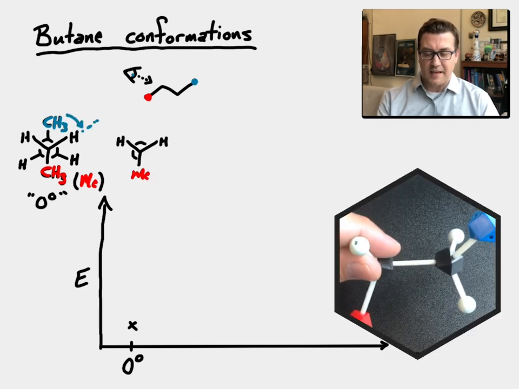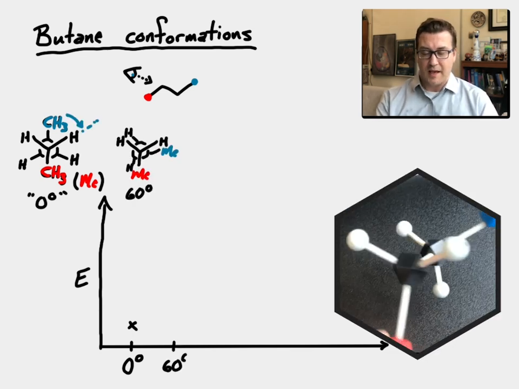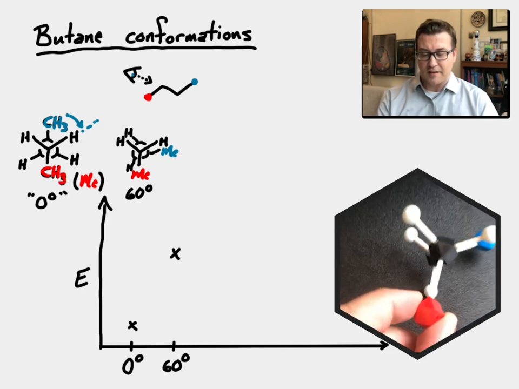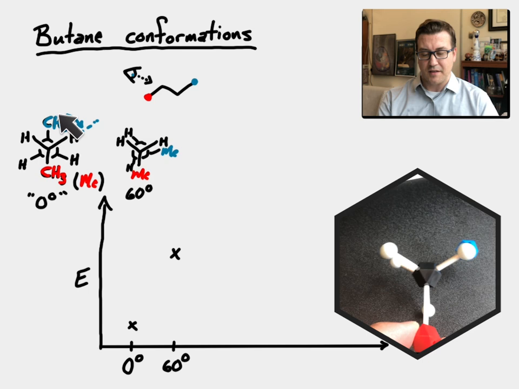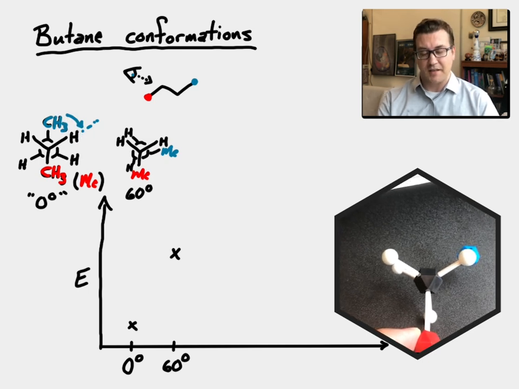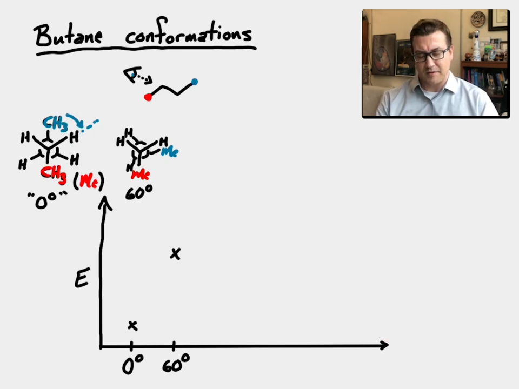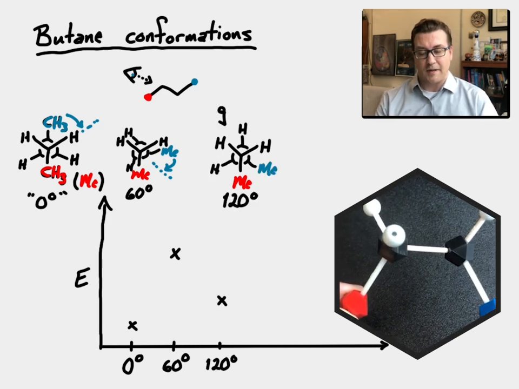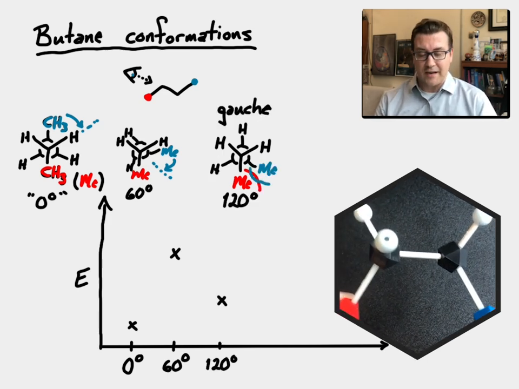If we were to take this blue methyl group and rotate it 60 degrees, we now have gone from a really stable staggered conformation to an eclipsed conformation. This is energetically unstable, so now the methyl and hydrogen atoms are eclipsing each other. If we now take that blue methyl group and move it another 60 degrees, we now get to a new staggered conformation.